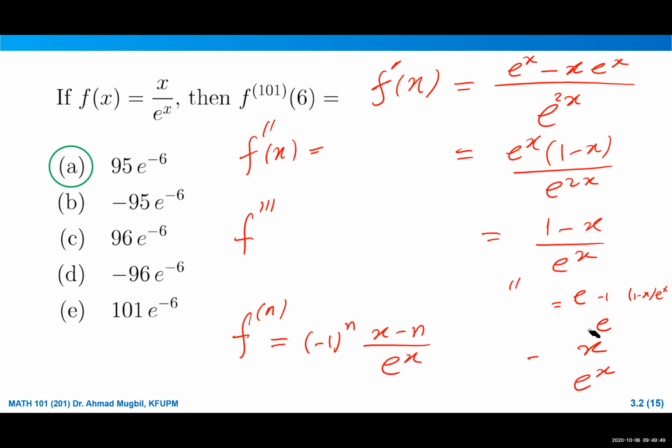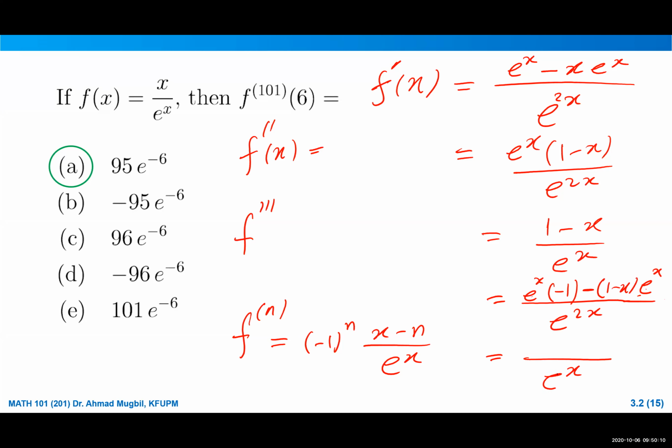Let's check again the second derivative, Shabab. The second derivative is over the square of the denominator. The denominator multiplied by the derivative of this, which is -1, minus the numerator multiplied by the derivative of the denominator, which is itself. Now take this as a common factor, cancel it with the one in the denominator, you will have e to the power x.